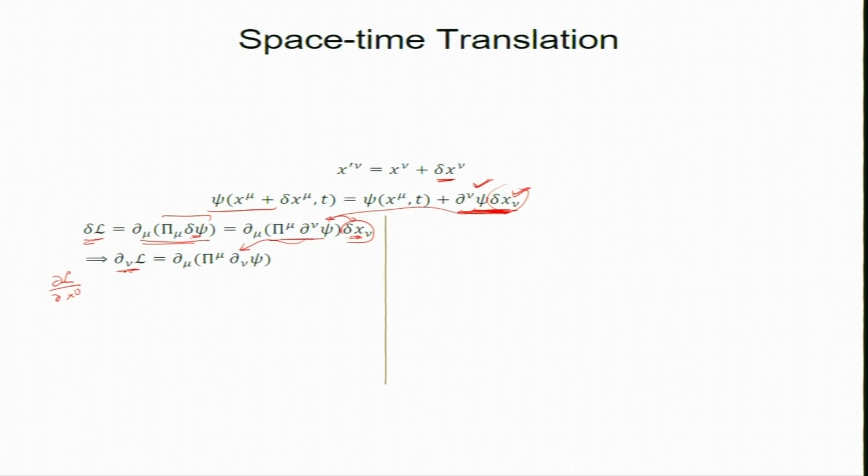Okay, x nu could be time variation, space variation, all together. It turns out with this variation I can get both energy conservation and momentum conservation in one shot. In the earlier derivation I was doing space translation and time translation separately. It turns out you can do it simultaneously.